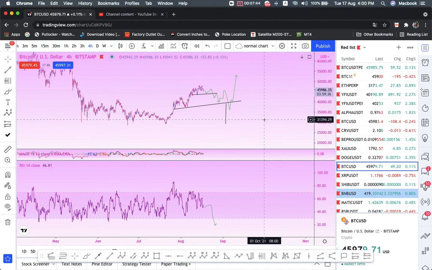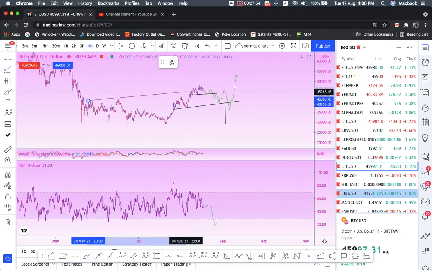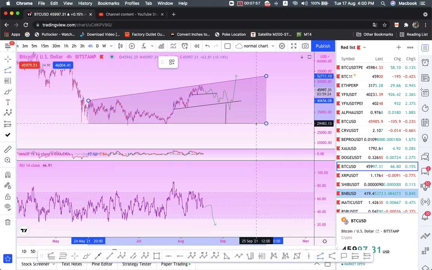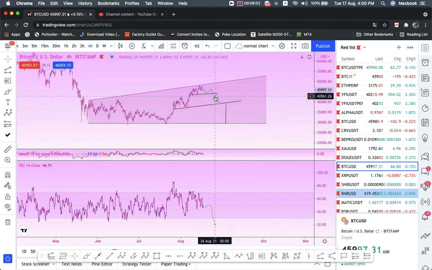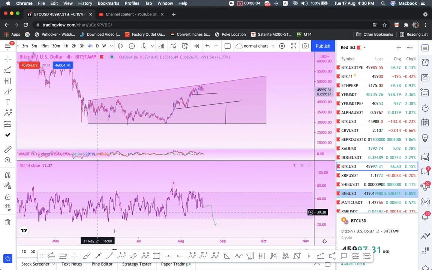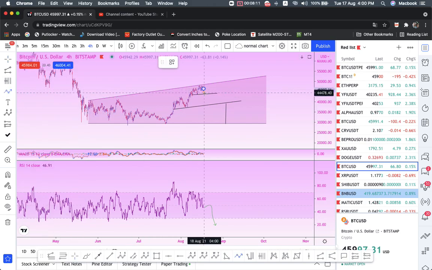I talked about this. It could be a triple bottom, and this here could end up becoming a descending triangle. So which means it might become a huge something like this, right?